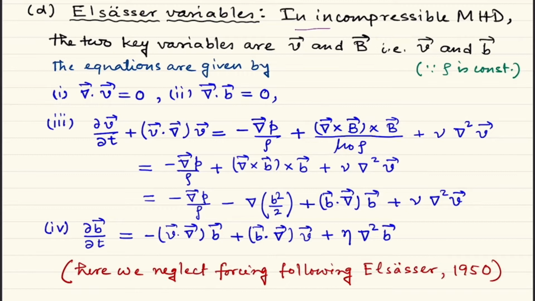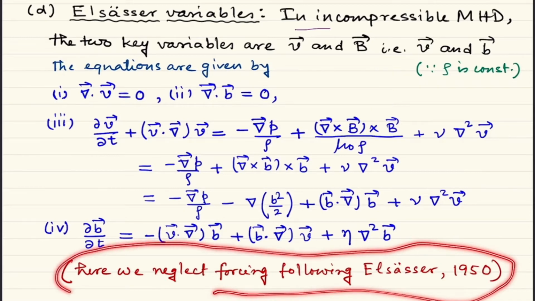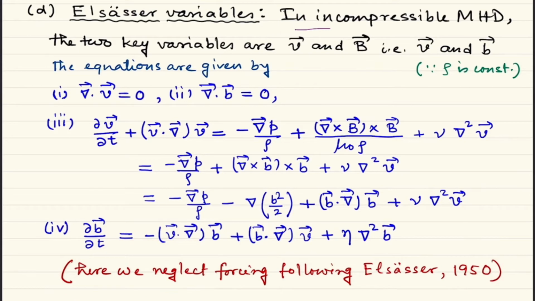Here we are just neglecting the forcing term because in the original work of Elsasser in 1950, he also neglected the forcing term. But if you include the forcing term, that does not change any big thing, because the forcing term is in general independent of the fluid fields like V and B. It is an external forcing term.